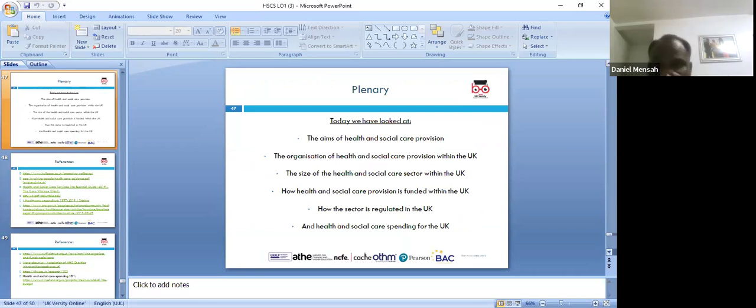Then we looked into how the sector is regulated. We mentioned the CQC and the regulatory bodies for the professions, where the CQC regulates organizations and firms, and the professional bodies regulate the professions themselves: nurses, doctors, pharmacists, opticians, and all that. And we've looked into health and social care spending in the UK.